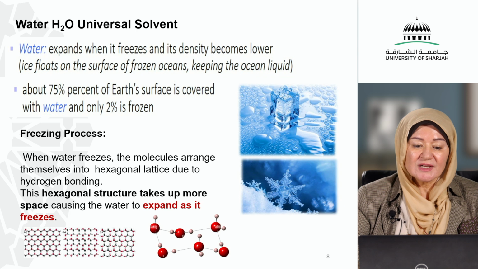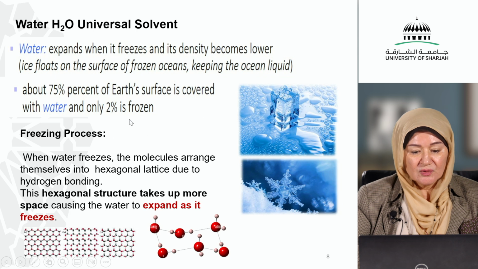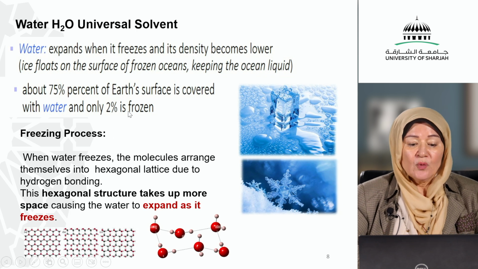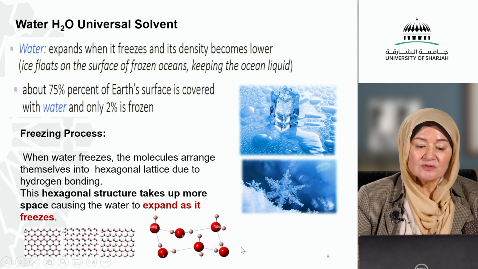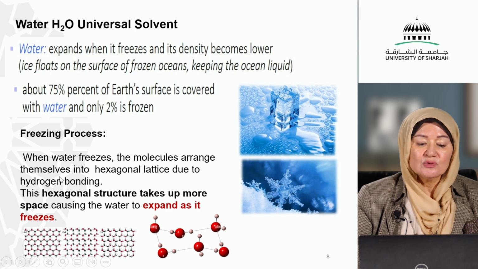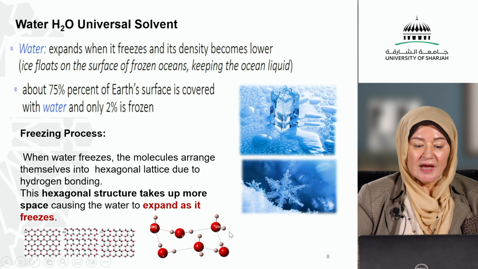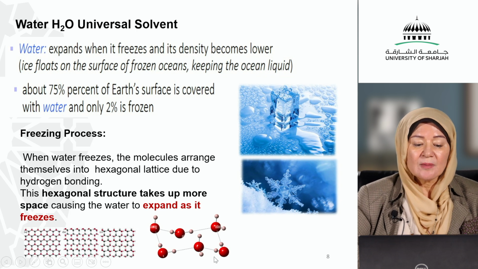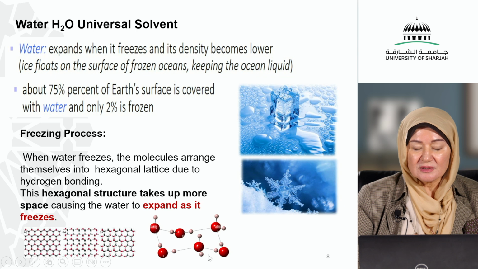About 75% of Earth's surface is covered with water and only 2% is frozen. This is a statistic. When water freezes, the molecules arrange themselves into a hexagonal lattice due to hydrogen bonding. As you can see in the structure here, the hexagonal structure takes up more space, causing the water to expand as it freezes.